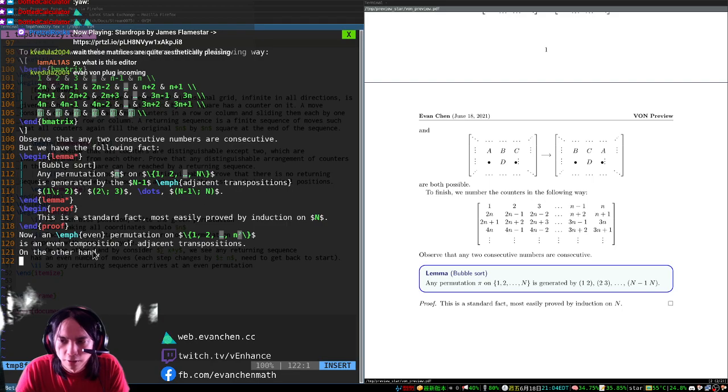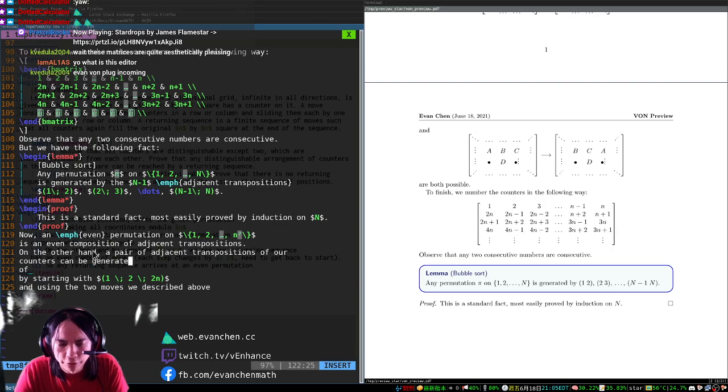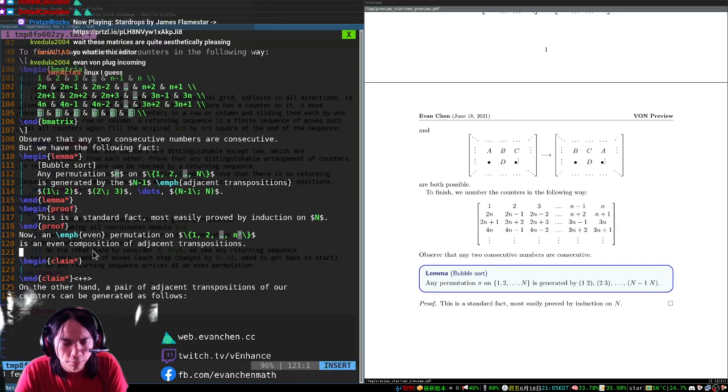On the other hand, by starting with 1, 2 to n and using the two moves we described above, a pair of adjacent transpositions of our counters can be generated as follows. But this is actually really annoying to write up. This is Vim.